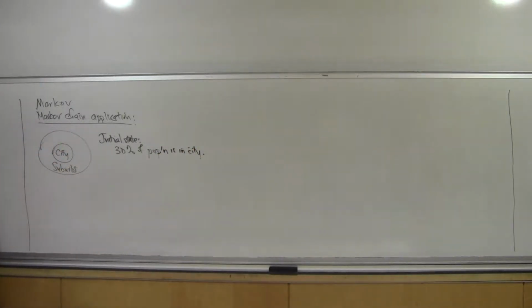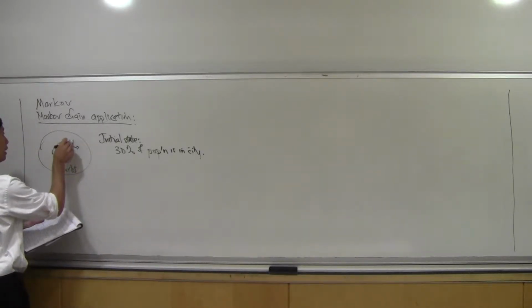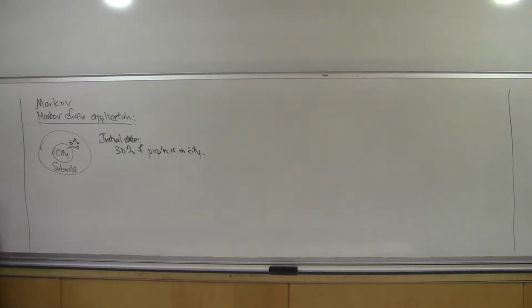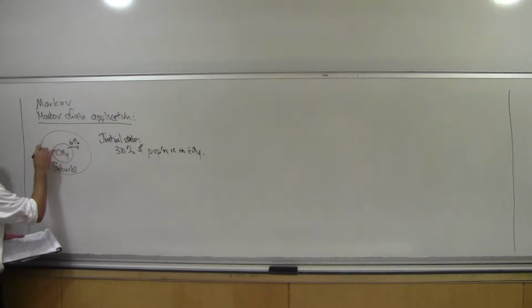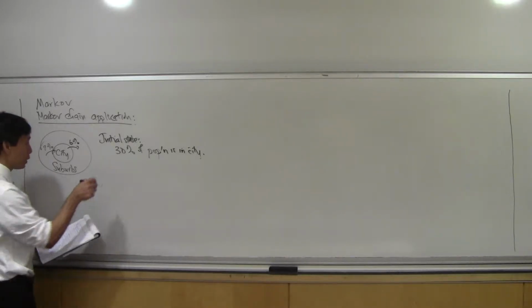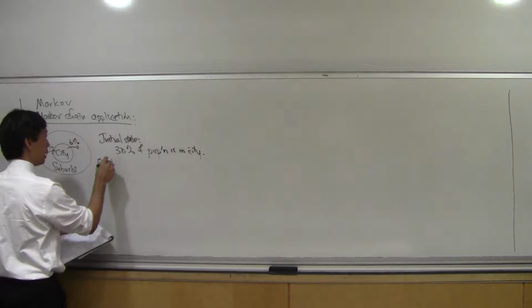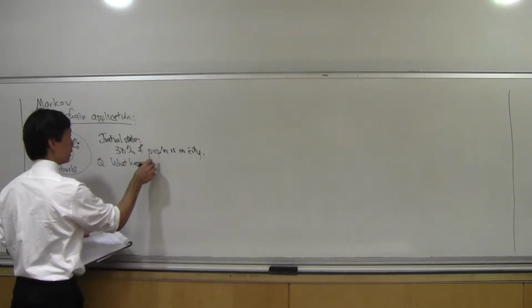However, every year, 6% of the city people leave and go to the suburbs, but every year, 2% of the people in the suburbs leave the suburbs and come to the city. And so the question is, what happens in the long run?